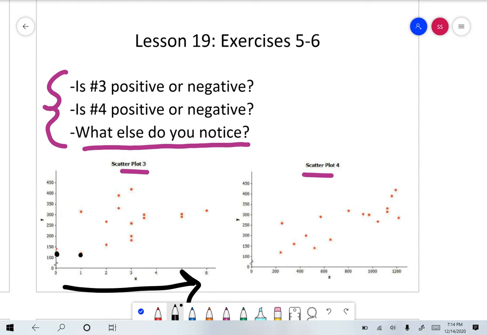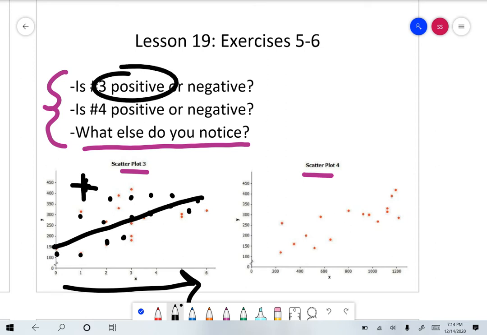We start off kind of low, but then we jump all over the place. But you notice that there's a trend in the upward direction. It's not super steep, but there is a slight trend going up. So we would call this a positive correlation. Okay, positive correlation. What about 4?